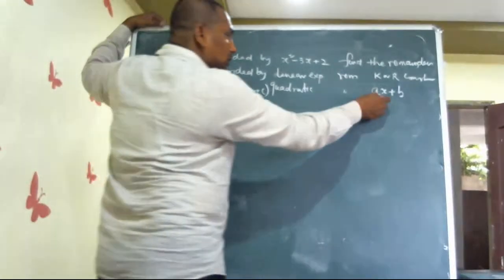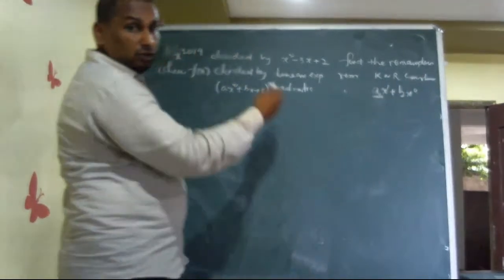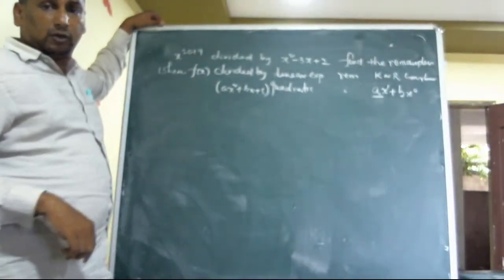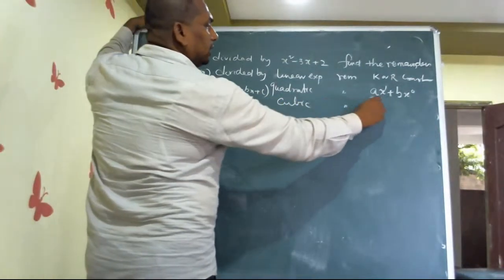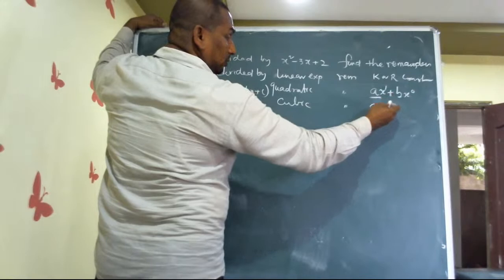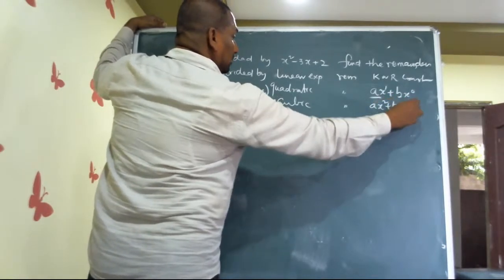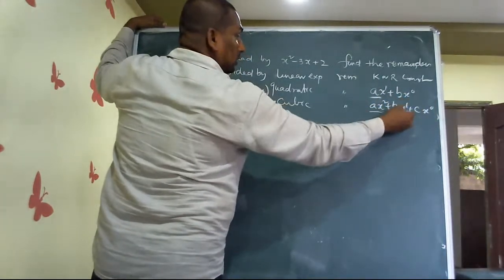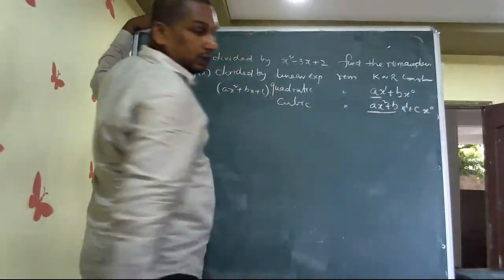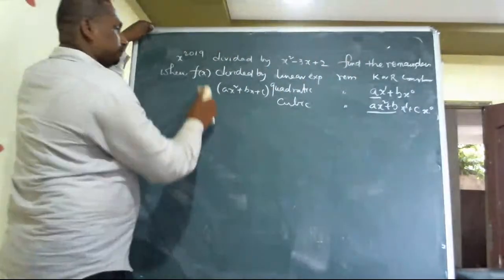If a is not equal to 0, the remainder has degree 1; if a is 0, degree 0. If it is cubic, the general form of remainder is ax square plus bx plus c, and the remainder degree may be 2, 1 or 0. That we discussed earlier on.